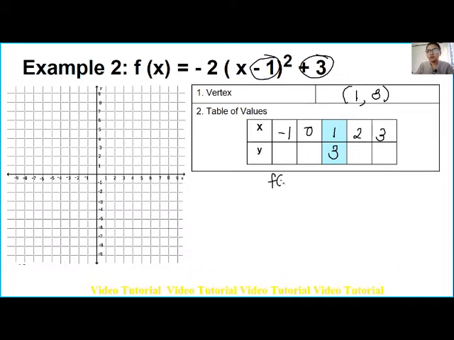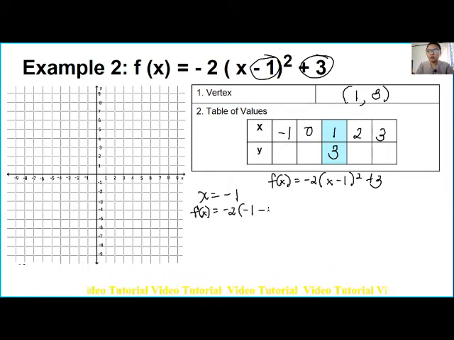So let us solve for f of x equals negative 2 times the quantity of x minus 1 quantity squared plus 3. Substitute. If x equals negative 1, we will have f of x equals negative 2 times negative 1 minus 1 quantity squared plus 3. Simplify first the numbers inside the parentheses with its exponent.